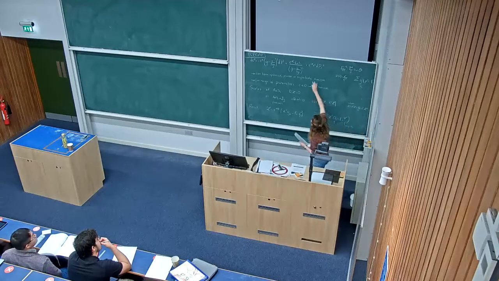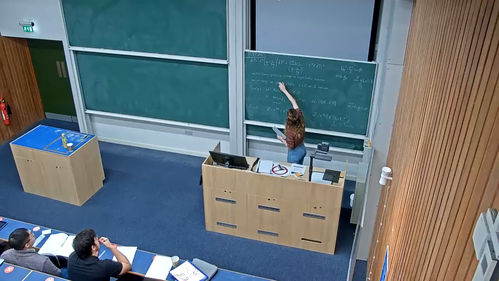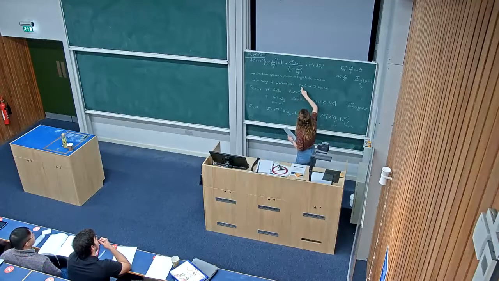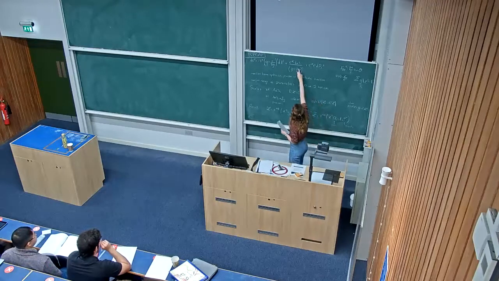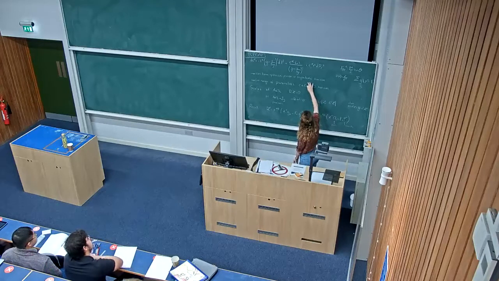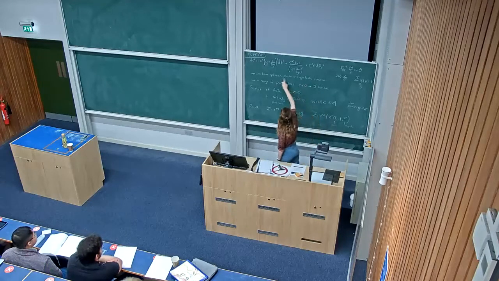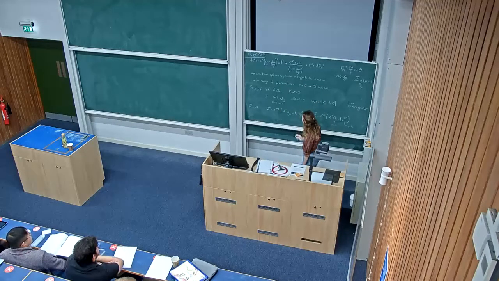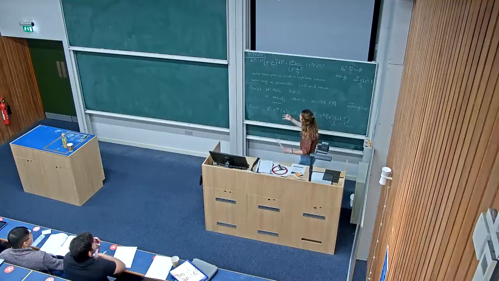So this solution can have a horizon when the scalars are switched on, because the scalars are responsible for this parameter c to be negative, and it can have a spherical, planar, or hyperbolic horizon. And this can be seen as a flow from AdS4.